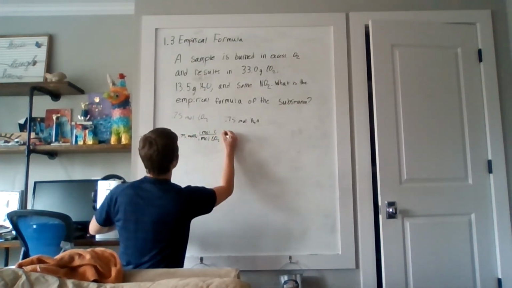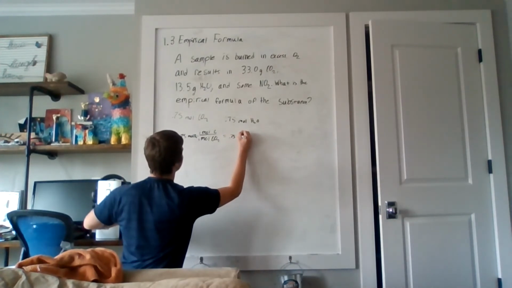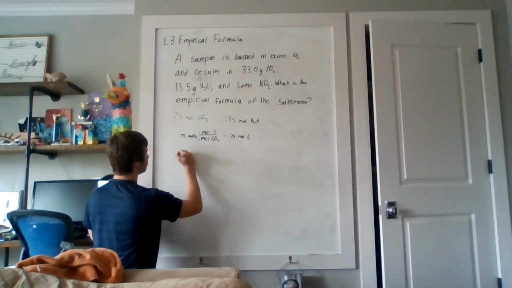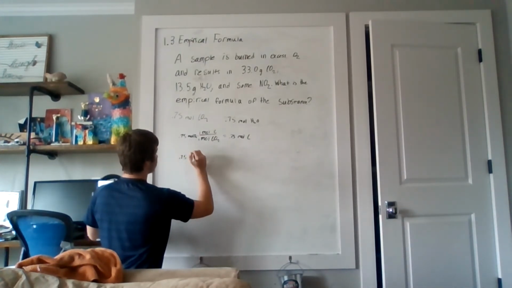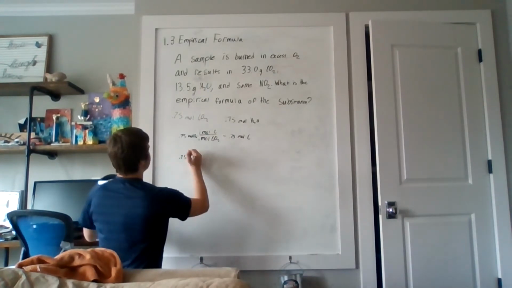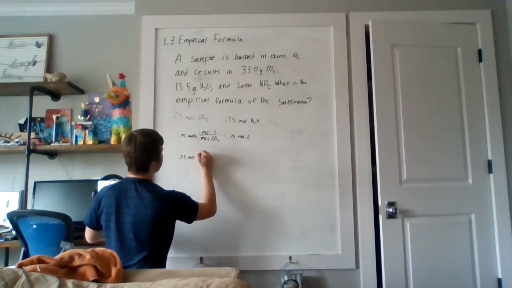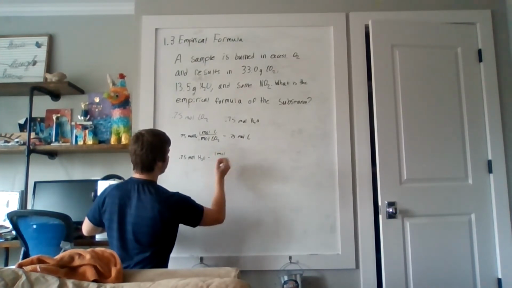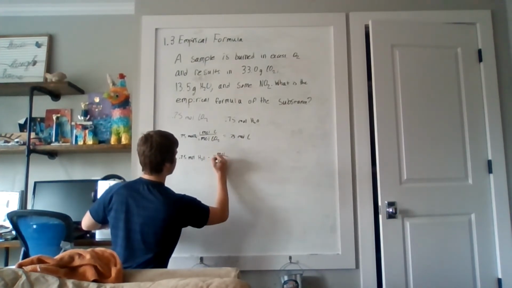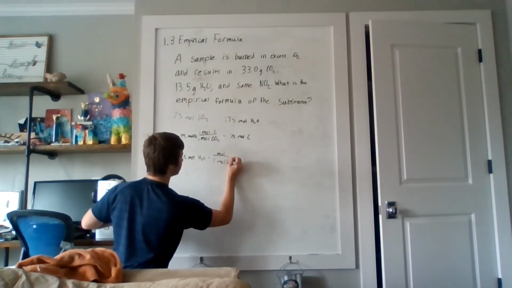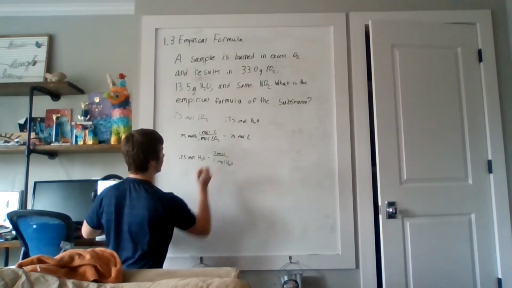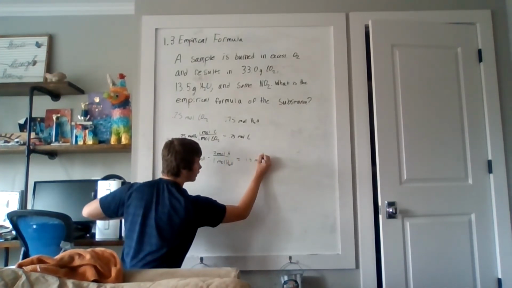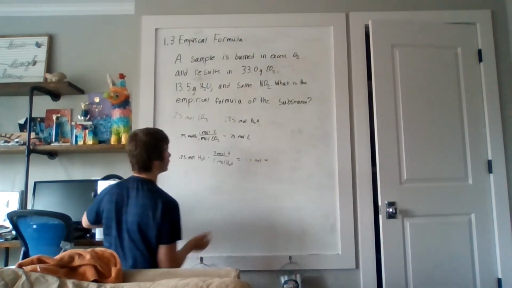And that gives us 0.75 mole carbon. For water, it's the same thing, except for every mole of H2O, we have 2 hydrogens. So we end up with 1.5 mole hydrogen.